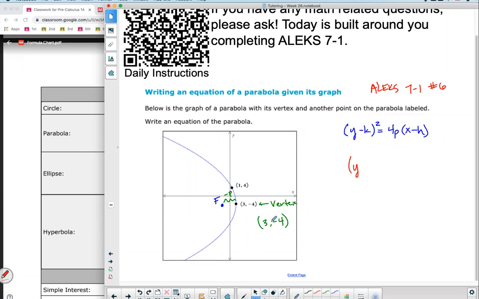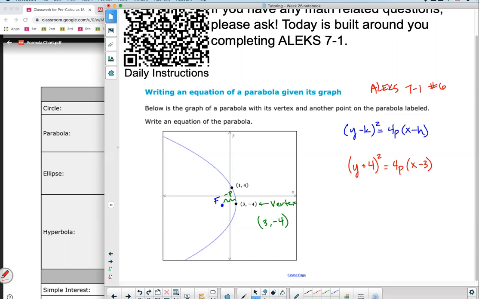So instead of -4, I make it y plus 4, quantity squared, equals 4p times, and now I insert the 3 for h, so it's x minus 3.